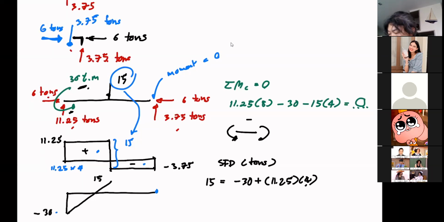And now this area better be equal to minus 15. Is it 3.75? Yeah, multiplied by 4. So it's minus 15. So in the end, this bending moment diagram comes down to 0.